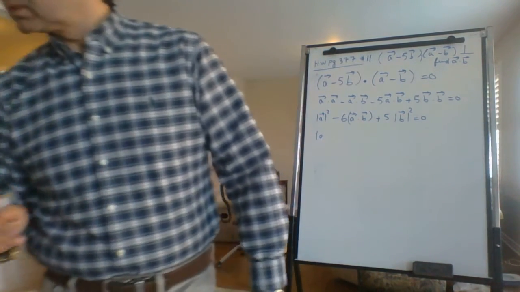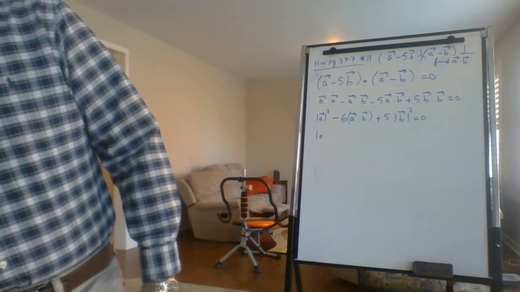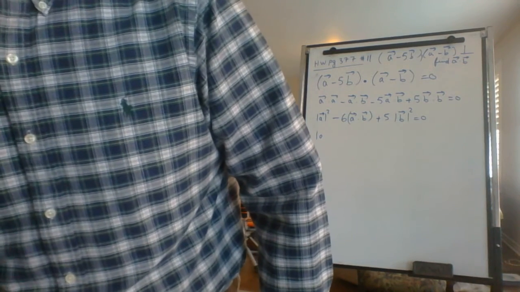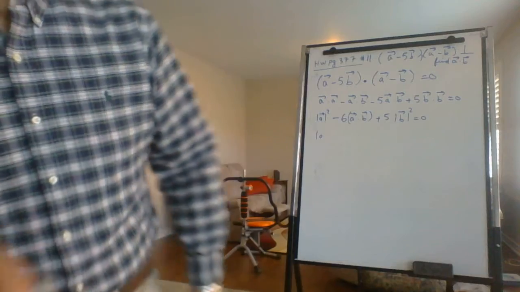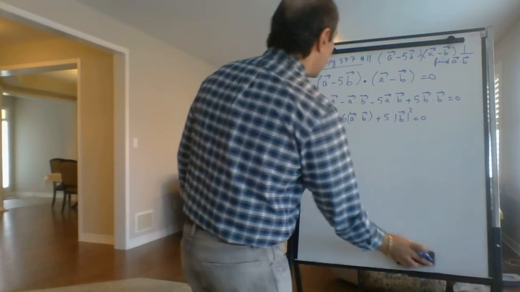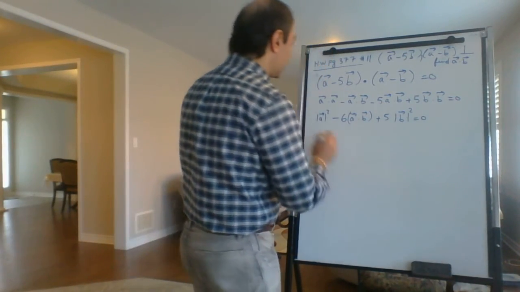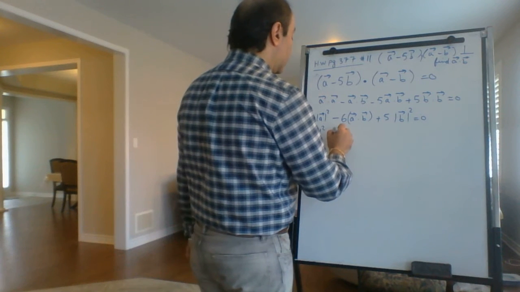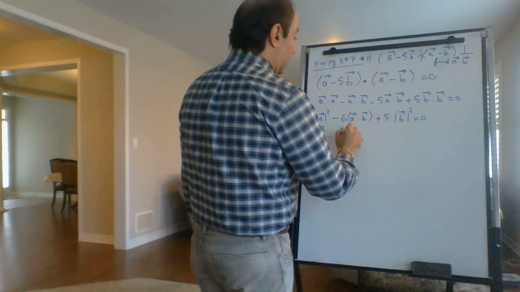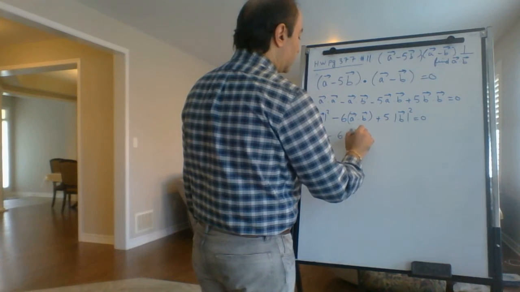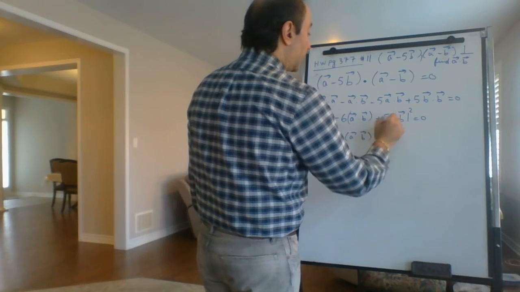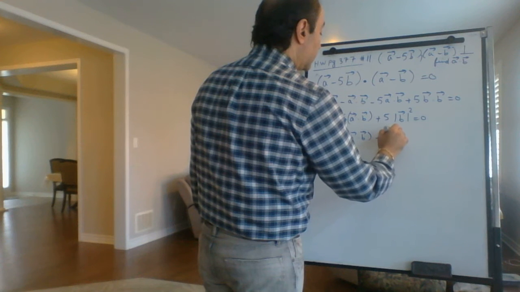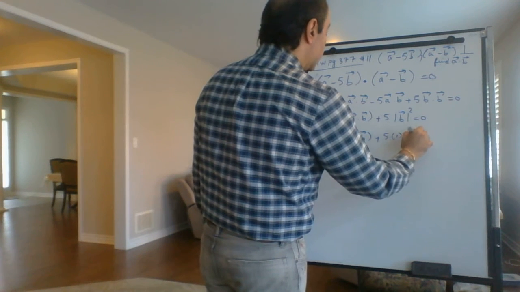So this is the magnitude. Do we have the magnitude? A and B are unit vectors. That's very nice. So this is 1 squared minus 6A dot B plus 5 times 1 equals 0.